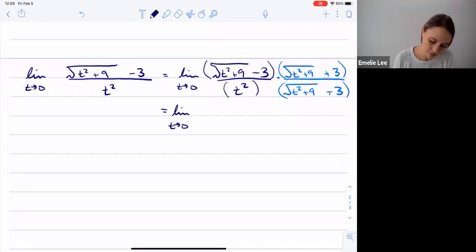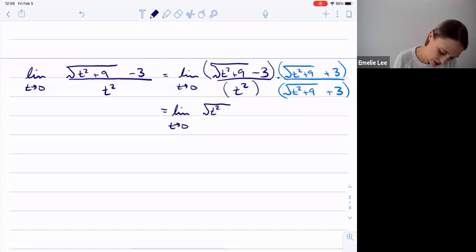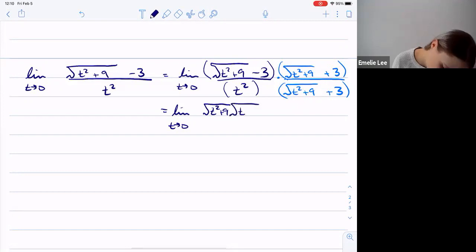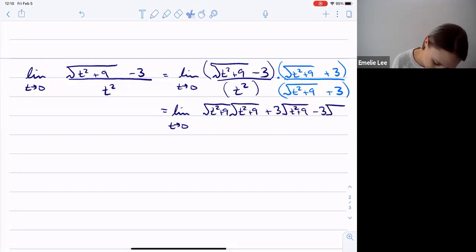This time I'm going to write it out, but generally I would just go to, okay, well, that's t squared plus 9. So I'm just expanding this thing out. I am going to have to bump it over quite a bit.